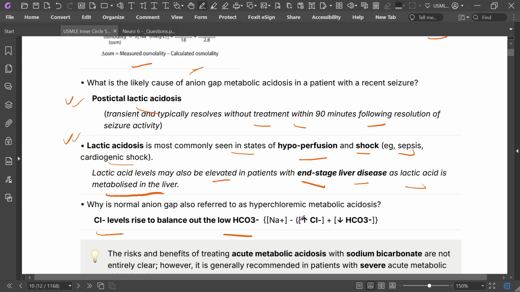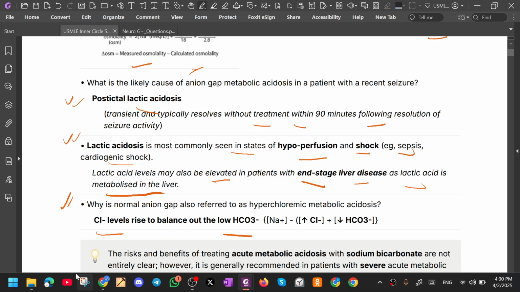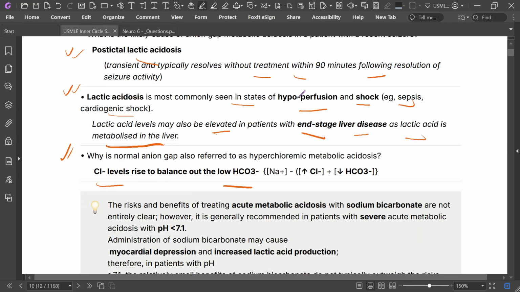Sodium minus chloride increases, plus low bicarb. So that's why normal anion gap is also referred to as hyperchloremic metabolic acidosis.